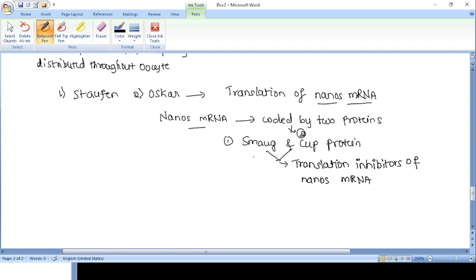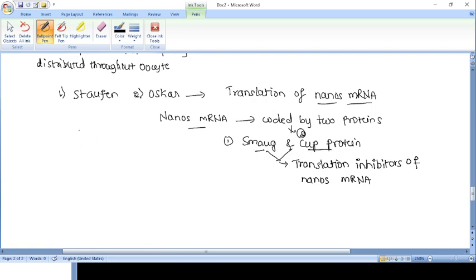That means the presence of these two proteins will not allow the translation of the nanos mRNA. For the translation of the nanos mRNA, these two proteins should be removed from the nanos mRNA.